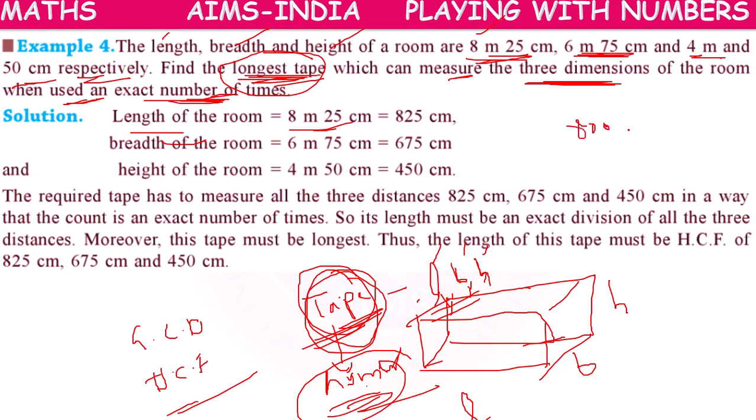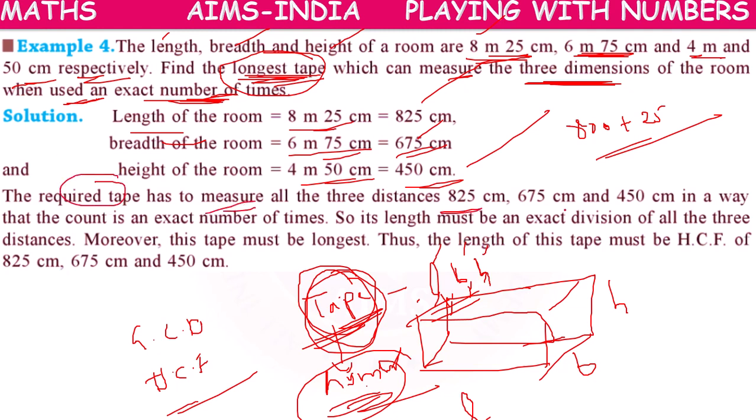But 8 meter equal to 800 centimeter plus 25 centimeter, 825 centimeter. 6 meter 75, 675 centimeter. 4 meter 50, 450 centimeter.